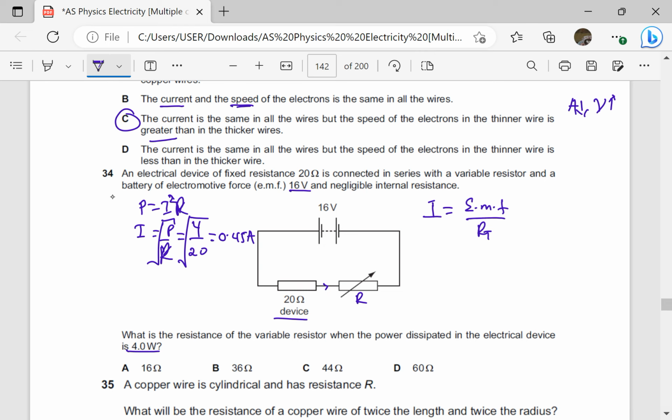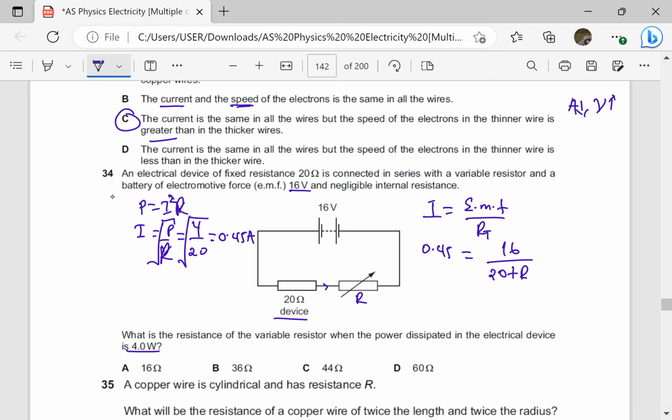So 0.45 is equal to the EMF, which is 16, divided by the total resistance, which is 20 plus the resistance of the variable resistor. So we just cross multiply.